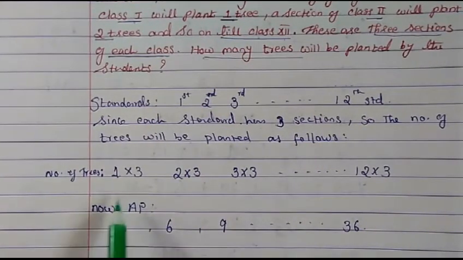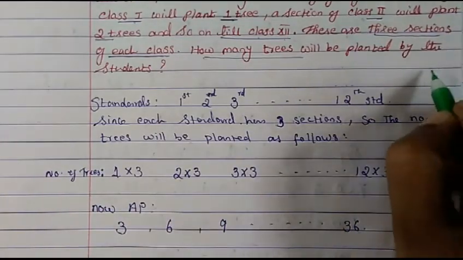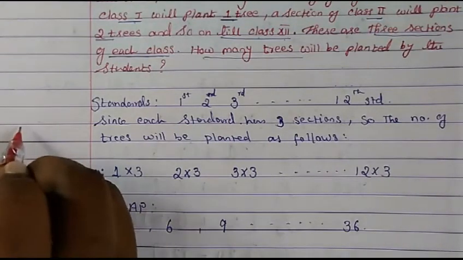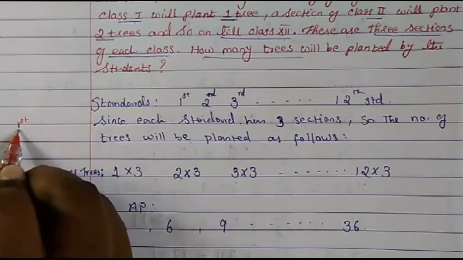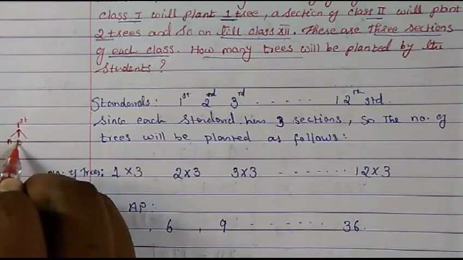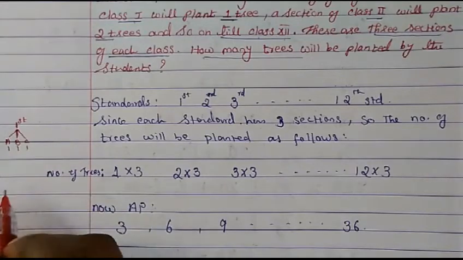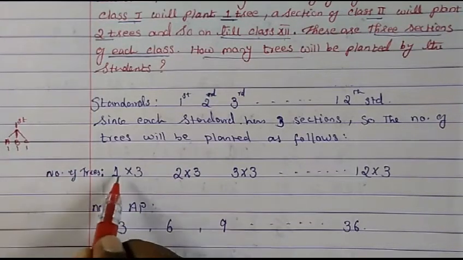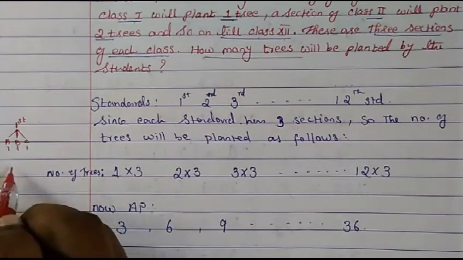Let me make you understand once again how we got this. First standard will have 3 sections, the section A, B and C, and each section will plant one tree, right? So then how many times 1 are we getting? 3 times, because 3 sections.